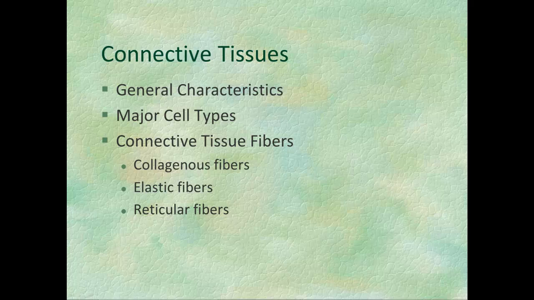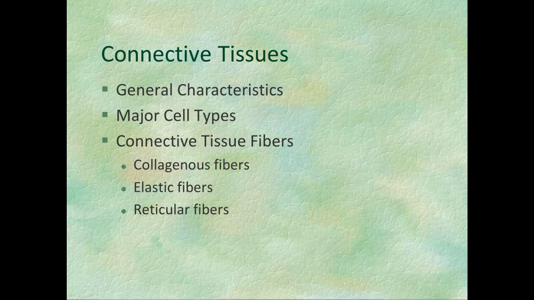You can't stretch them. In fact, if you were to compare equal-sized fibers of steel, collagenous fibers have a higher tensile strength than steel. And again, collagenous fibers are found in a number of different types of connective tissues in many different areas of the body.